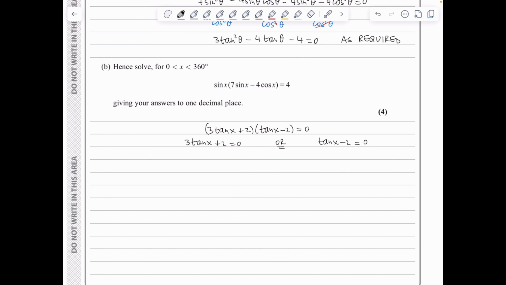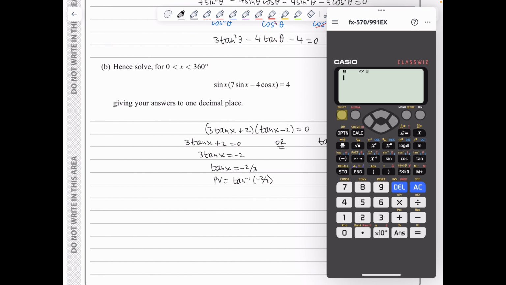So I've got 3 tan x is negative 2, which means that tan of x is negative 2 over 3, and the principal value is given by shift tan of negative 2 over 3. I'm going to go on my calculator. Shift tan of negative 2 over 3 gives a result of minus 33.69 dot dot dot.